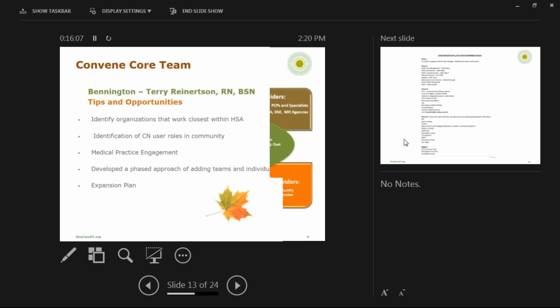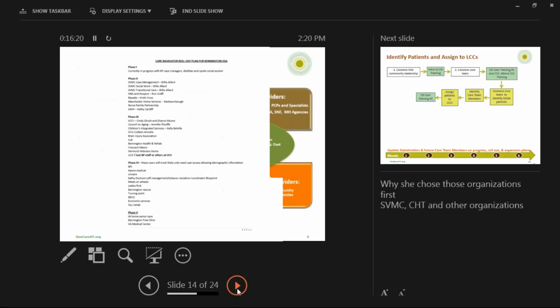And the phased approach of adding teams and individuals and coming up with an expansion plan, that was their real strong point in this. And if you could just go to the next one.